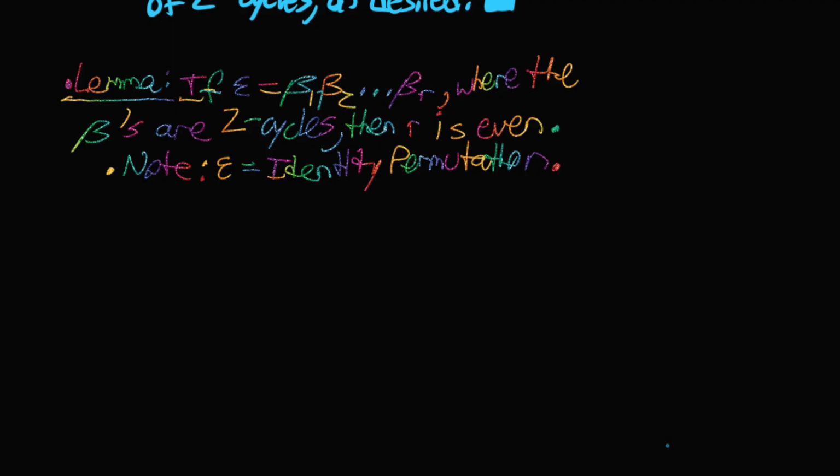Okay, so if you remember, we also had a lemma that went with this theorem, and the lemma states that if the identity permutation epsilon equals beta 1, beta 2, and so on to beta r, where the betas are two cycles, then r is even. Okay, so let's take a look at the proof of this lemma.